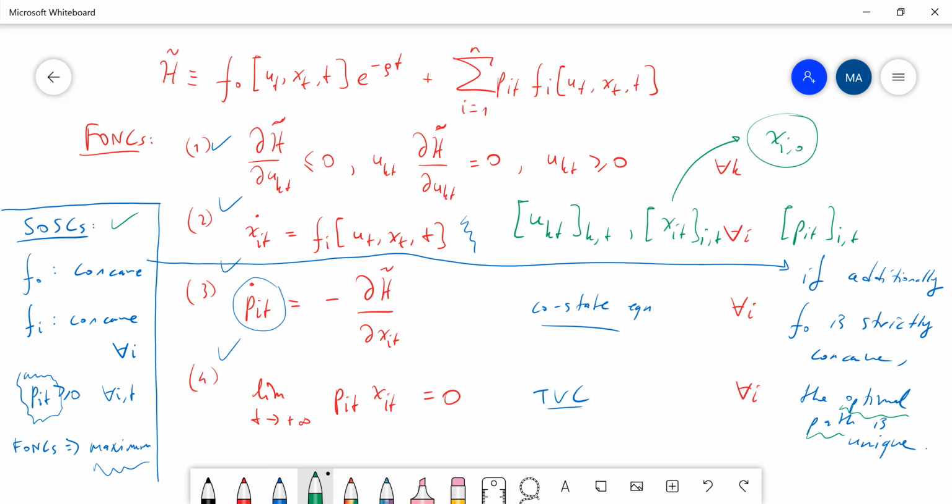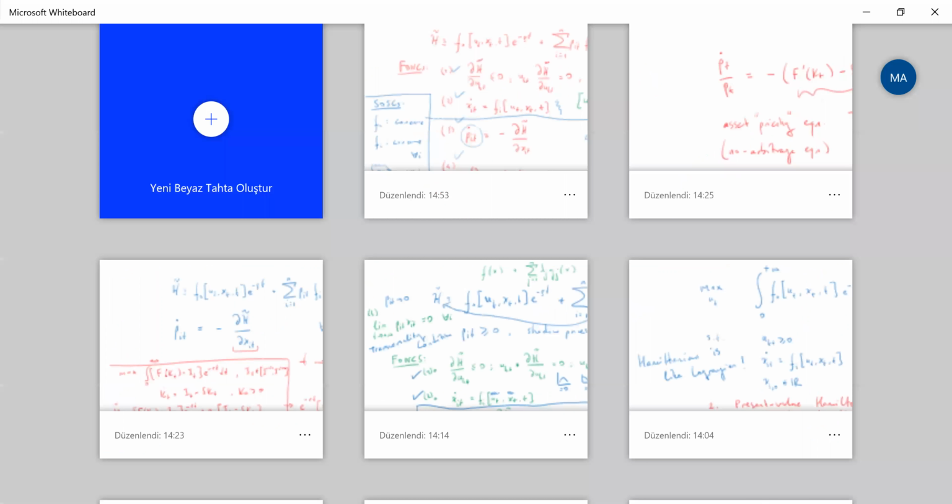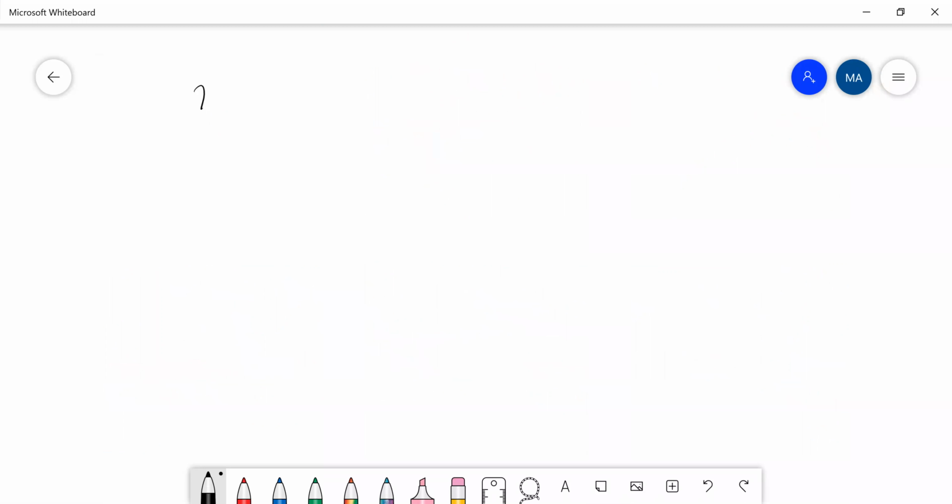Now, I will also show you, so this was the present value Hamiltonian, because I discounted it. Now I can write the current value Hamiltonian. The current value Hamiltonian obviously will have only the reward function here, no discounting.